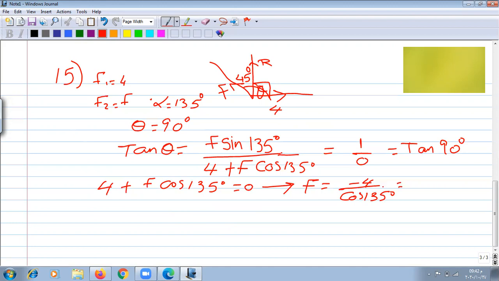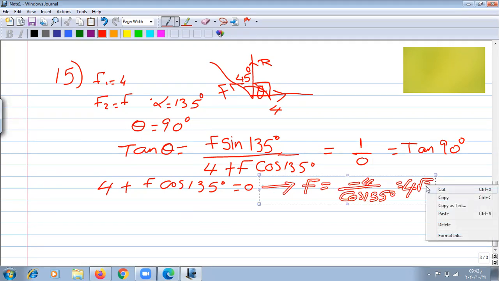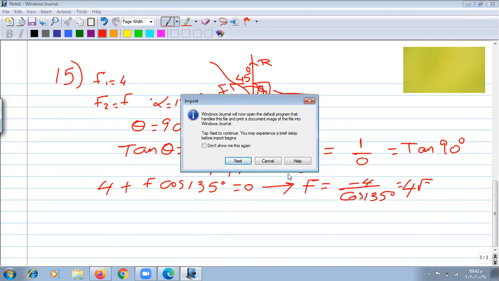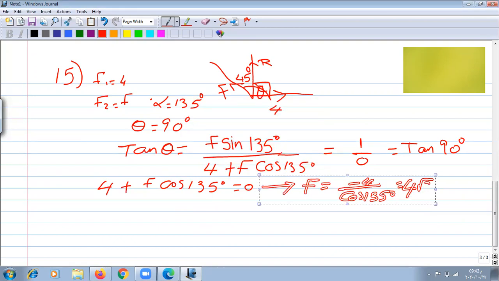Now we can use the calculator to find the value of F. It will be equal to 4 root 2.